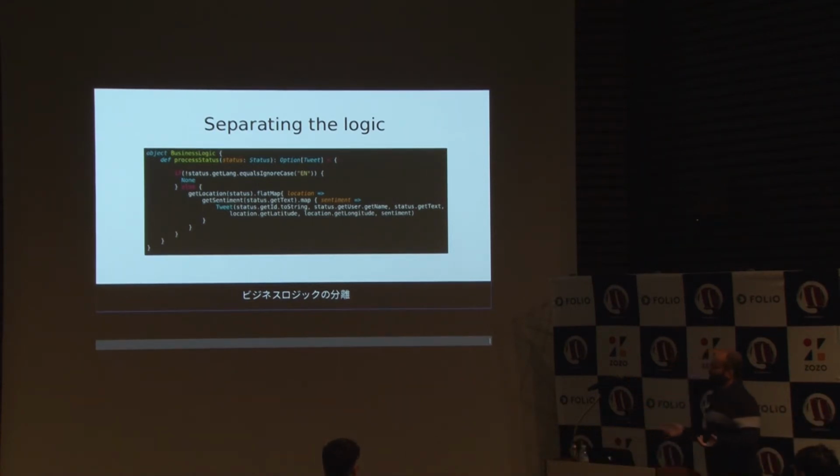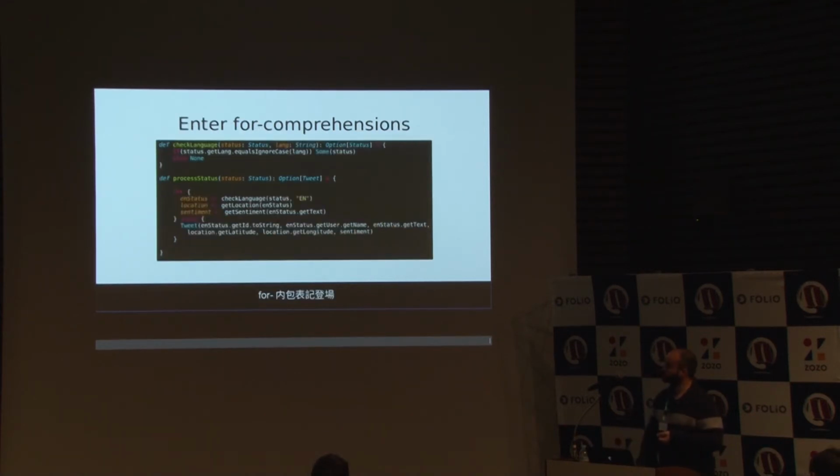But this is all right because it's small. If we start increasing the number of functions that we want to call, this starts to get real ugly quickly. So we have to use something that I'm sure most of you know already, which are for comprehensions.